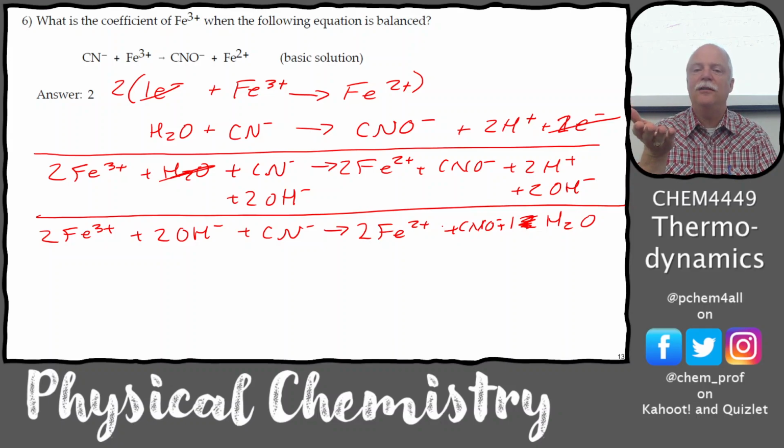But if you have one like this, where the acid protons at the end of the balancing show up as products, that's going to be pushed forward in basic solution. So that's how you know if a redox reaction is a basic one or an acidic one: what's in the reactants and what's in the products.